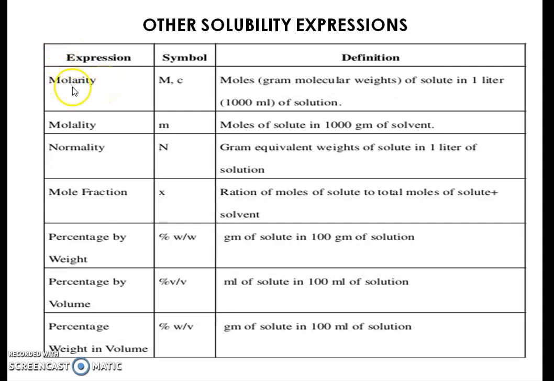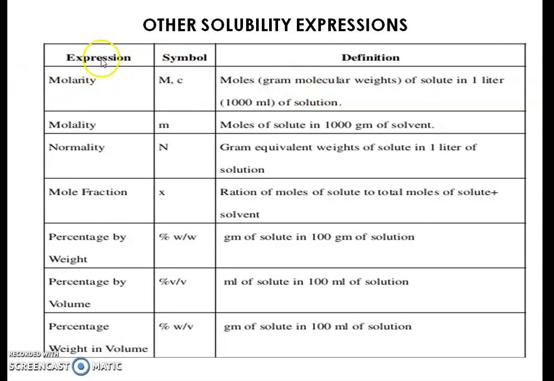So what is molarity? It is moles, meaning gram molecular weights, of a solute in 1 liter of a particular solvent or solution. So it depends upon the molecular weight of a particular solute, and that many grams of molecular weight of the substance dissolved in 1 liter is called a 1 molar solution.